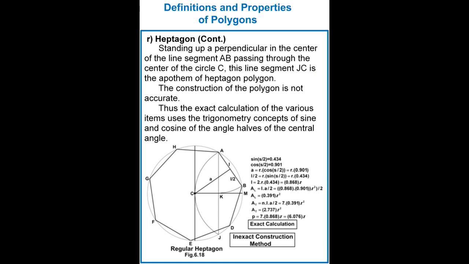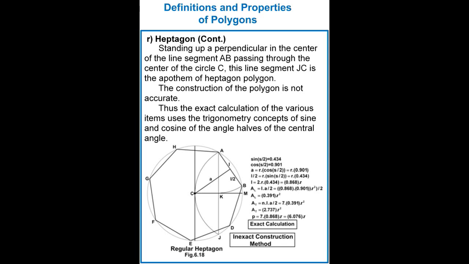In this slide, the remaining characteristics of the regular heptagon are shown. A perpendicular straight line segment is drawn through the midpoint of the straight line segment AB. The straight line segment also passes through the center of the circumference, that is, the perpendicular bisector of the straight line segment AB, which is the bottom of the side of the heptagon.